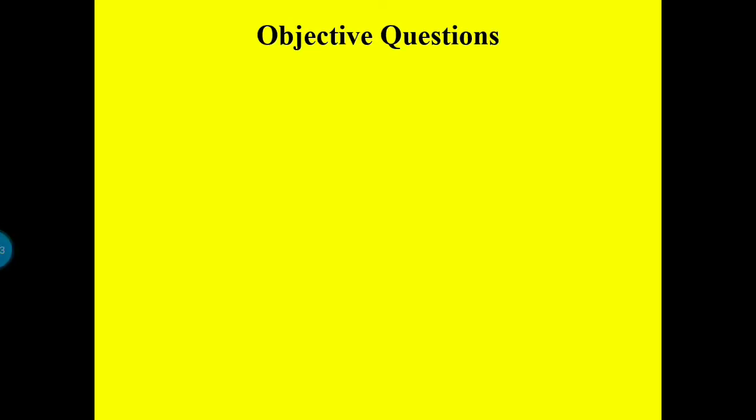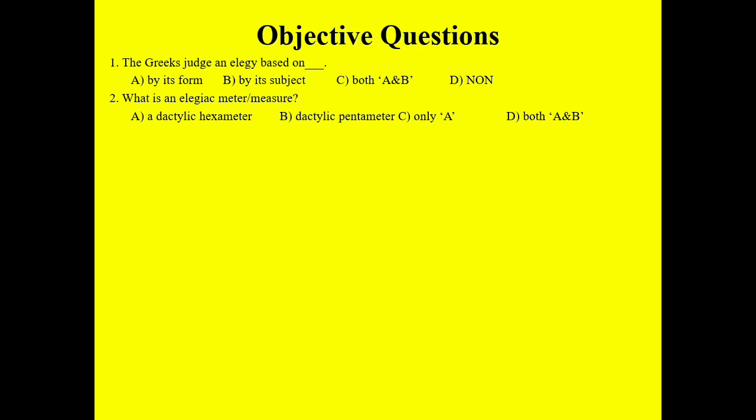Let us answer the following objective type questions. The first one you can see, the Greeks judged an elegy by its form. What is an elegiac meter or measure? A dactylic hexameter, B dactylic pentameter.